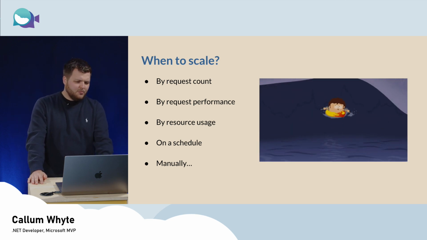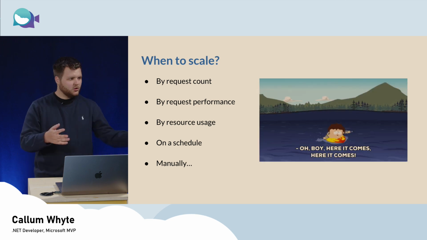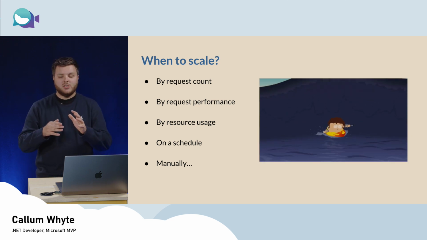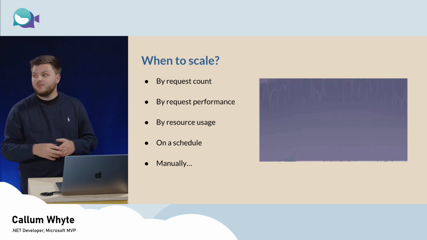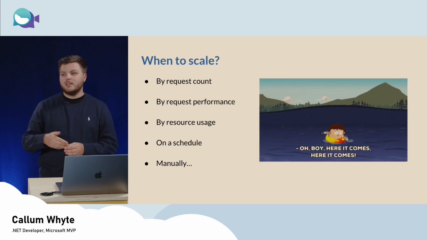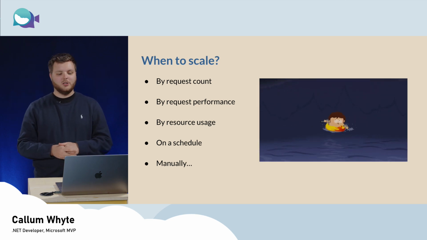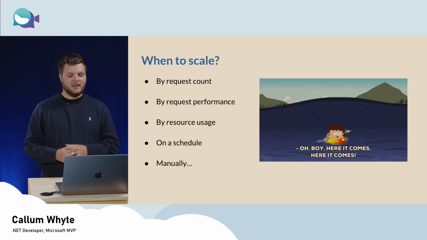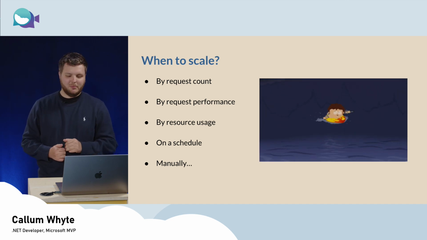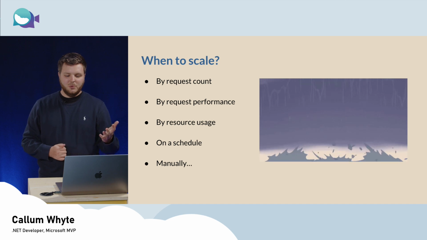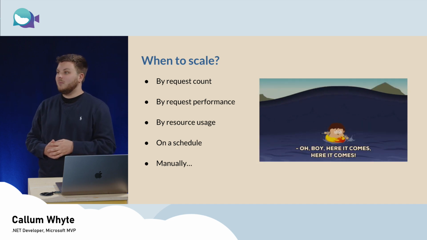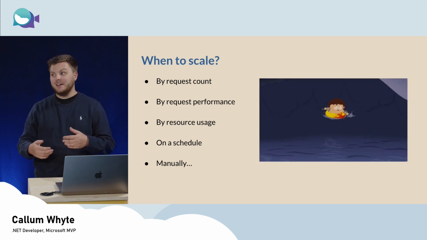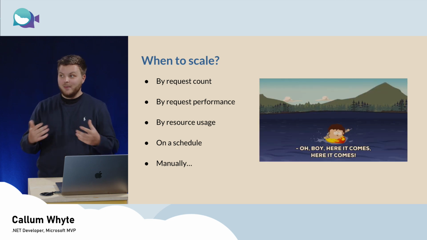The other one is by performance. You could monitor with a tool like Azure Monitor the times to respond. So if you have an API, how long it takes on average to respond to a call, or how long your database calls take, those sorts of things. But this is also a problem because if you depend on a third-party system, or you depend on a Microsoft service that maybe has an outage, scaling may not fix the problem.